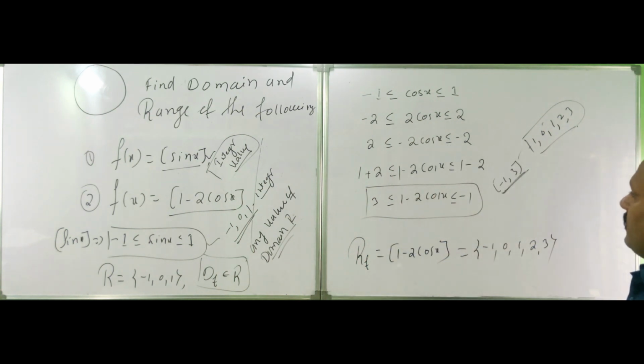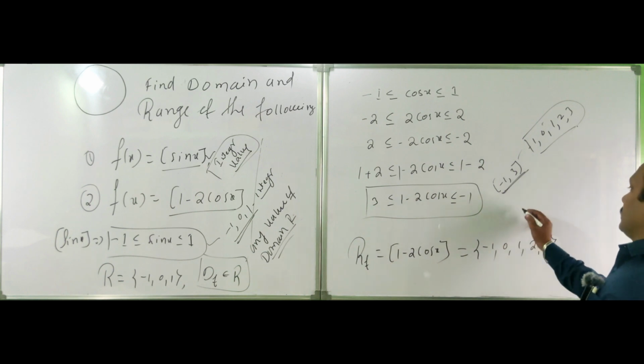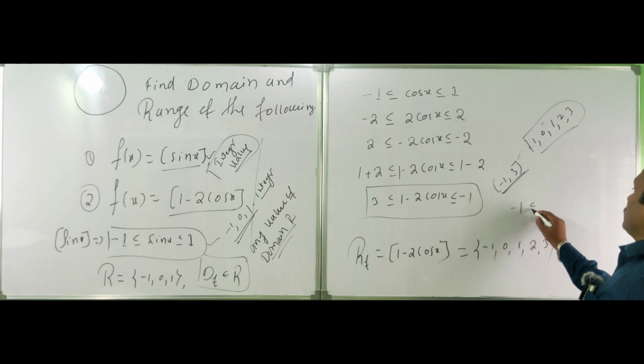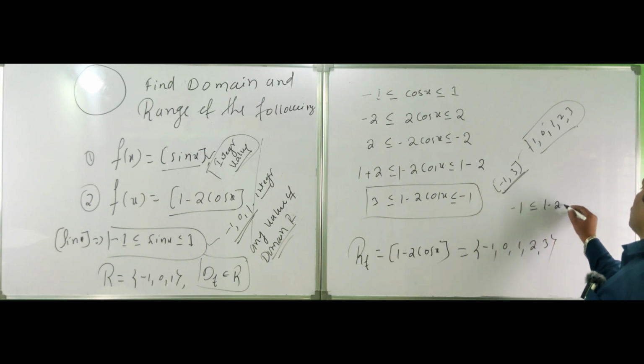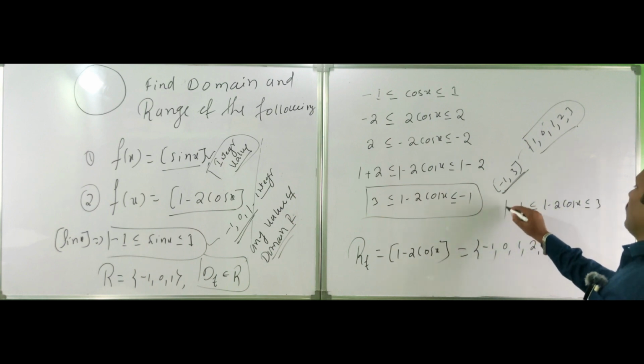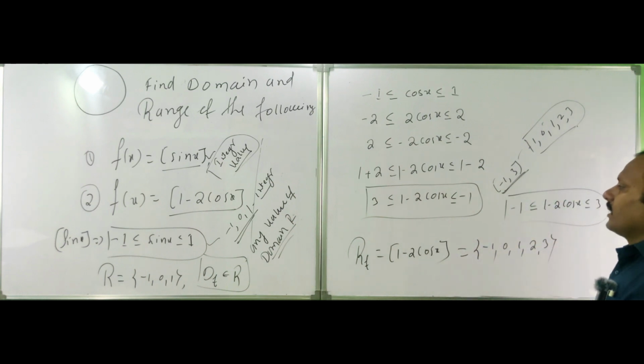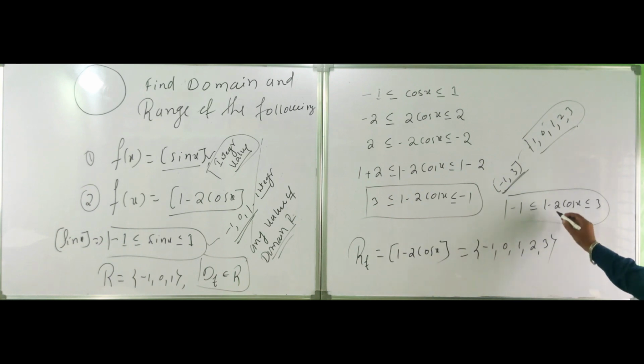This is what they have given. In the book they have given minus 1 is less than or equal to 1 minus 2 cos x, less than or equal to 3. What am I writing here? 3 is greater than 1 minus 2 cos x.